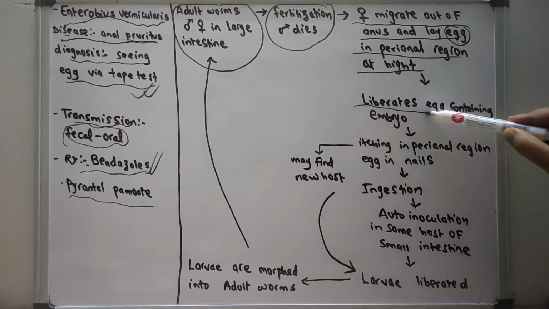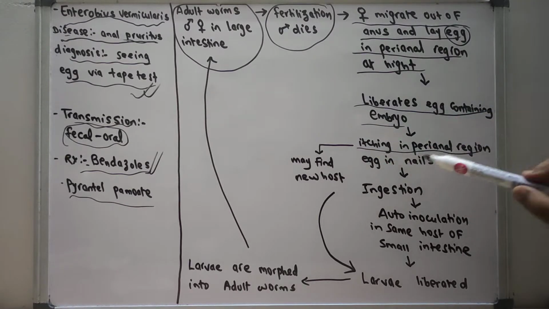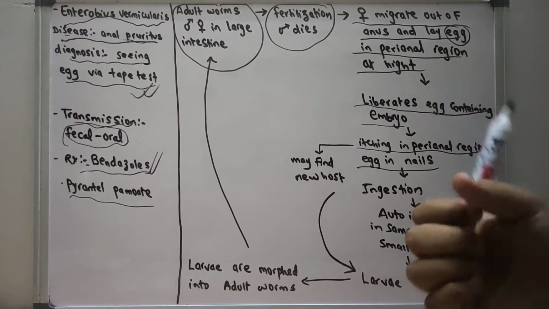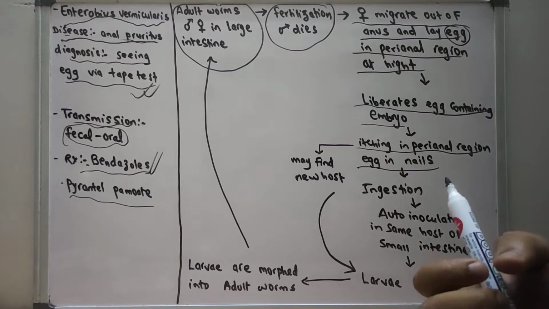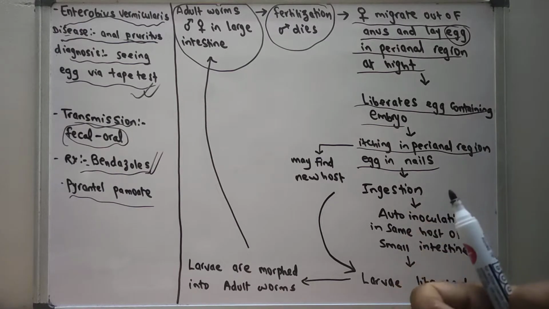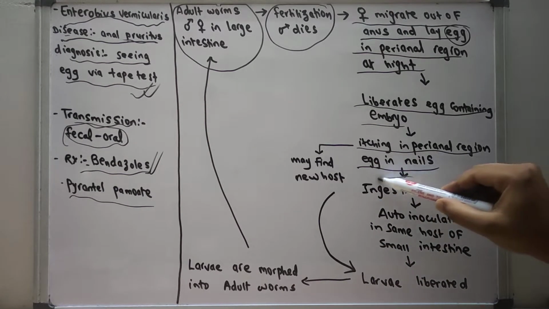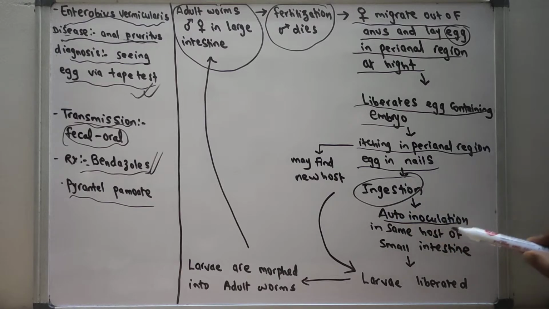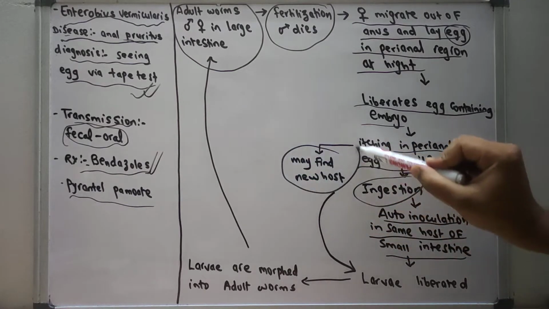The adult worm liberates eggs containing the embryo, and there is itching in the perianal region, and the eggs get attached to the nails of the person. So the person scratches around the perianal region, and there could be infection by autoinoculation in the same host, and the egg goes into the small intestine, or the egg may find a new host.